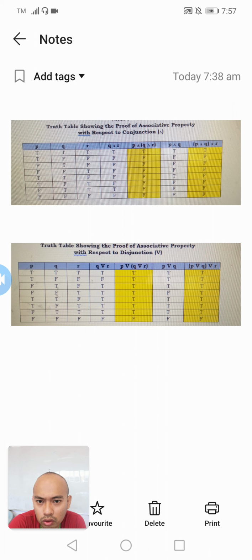Now we are ready to connect these truth values to your P statement, which is colored yellow.